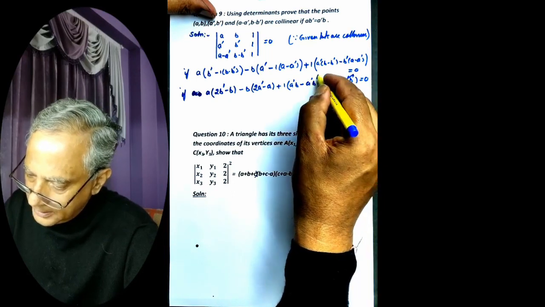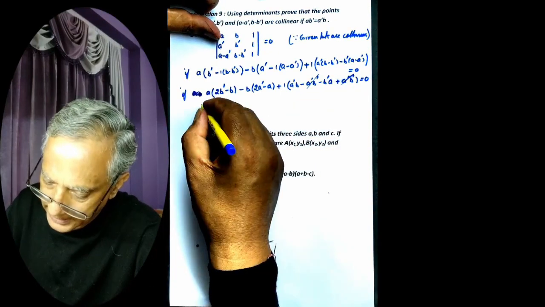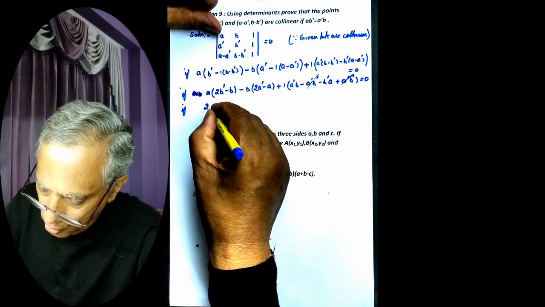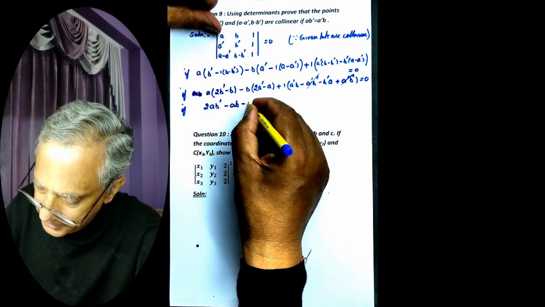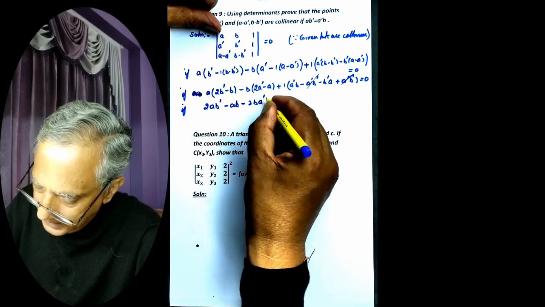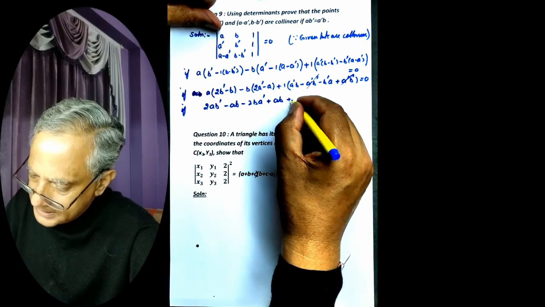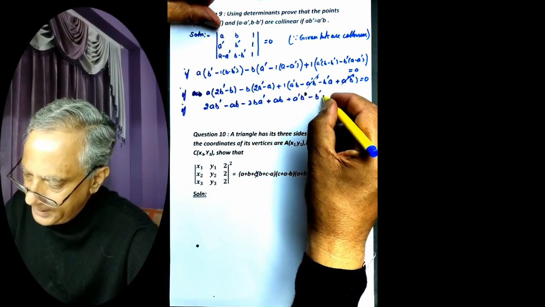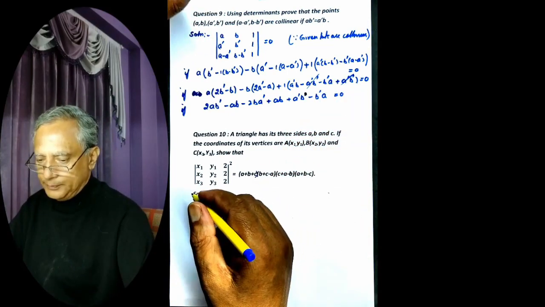These two cancel and we get 2AB dash minus AB minus 2BA dash minus plus AB and plus A dash B minus B dash A is equal to 0.